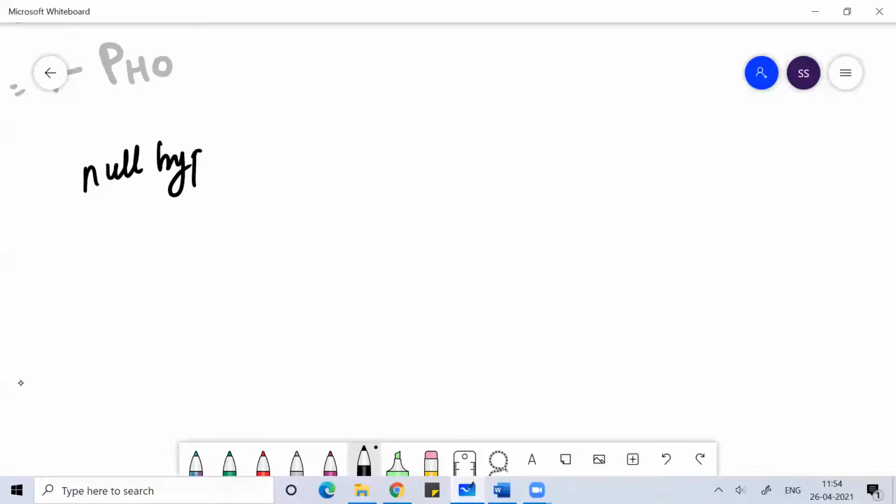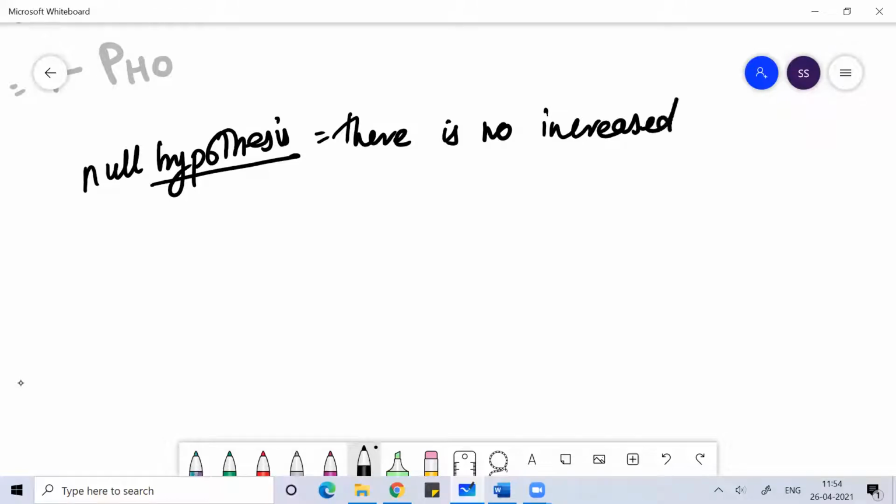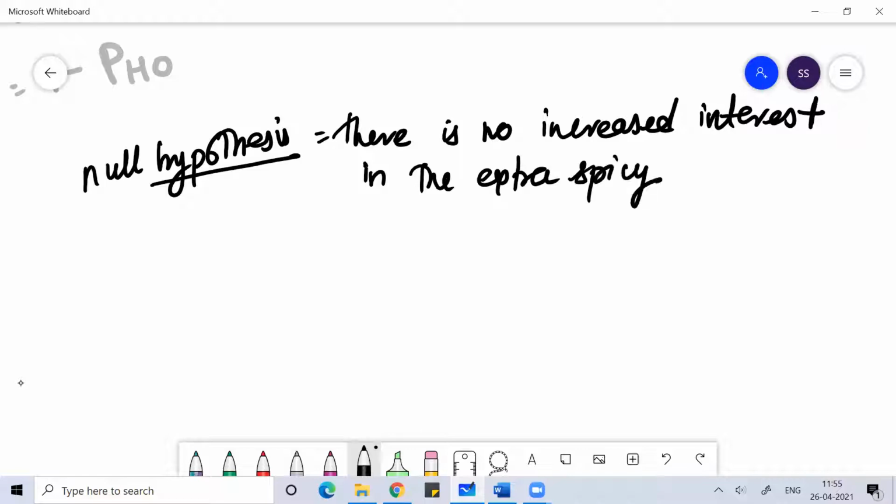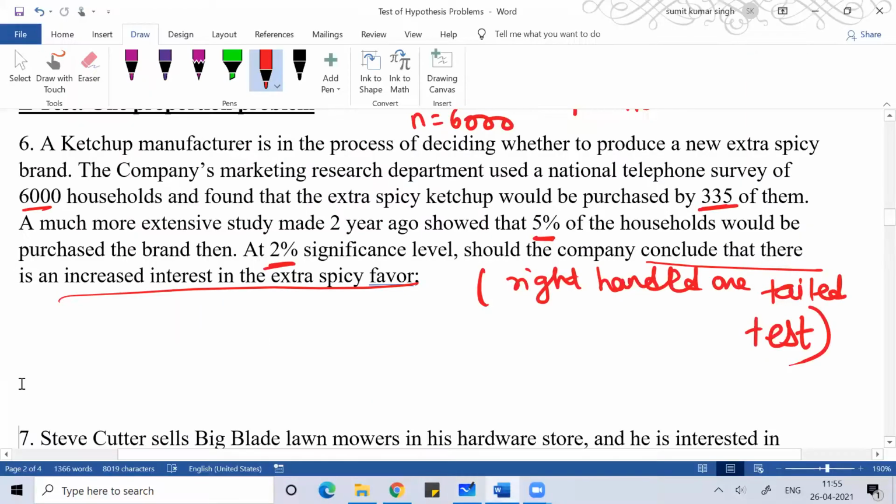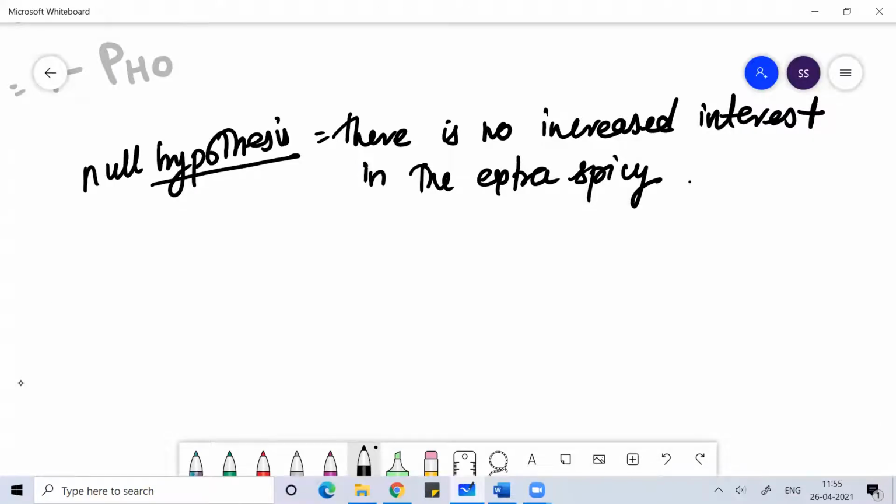In the null hypothesis, you'll write that there is no increased interest in the extra spicy flavor in the current time.